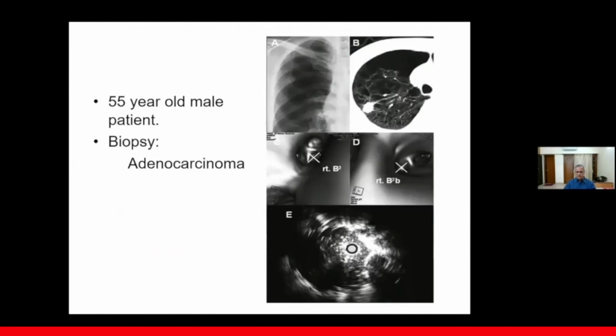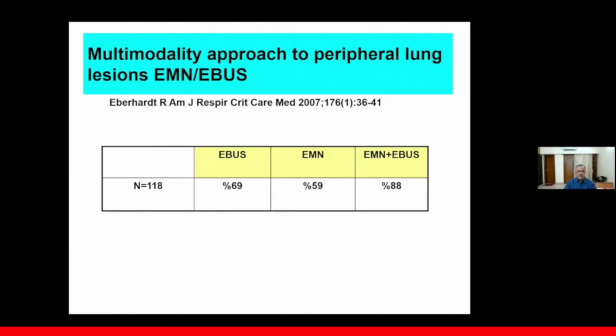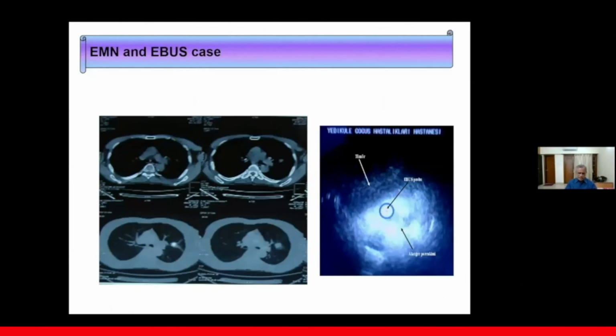We have a virtual bronchoscopic image and a lesion like this, where you can use EBUS to take biopsies. In a multimodality approach, EBUS is 69%, electromagnetic navigation is about 59%, and if you combine both, EMN with EBUS, you can get 88% positivity.